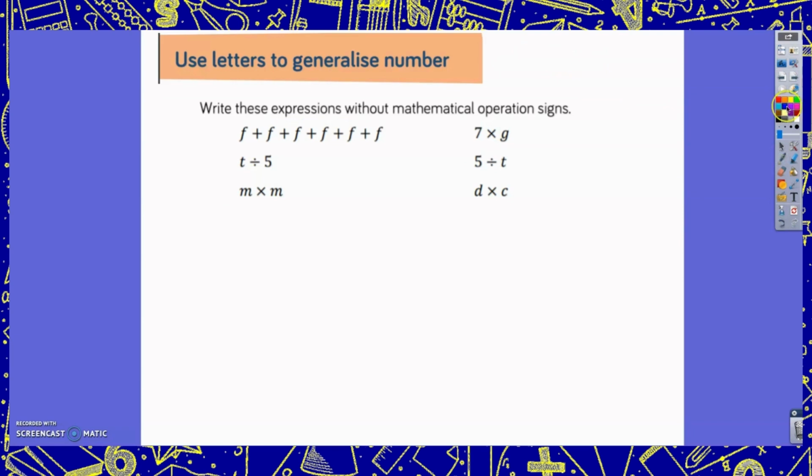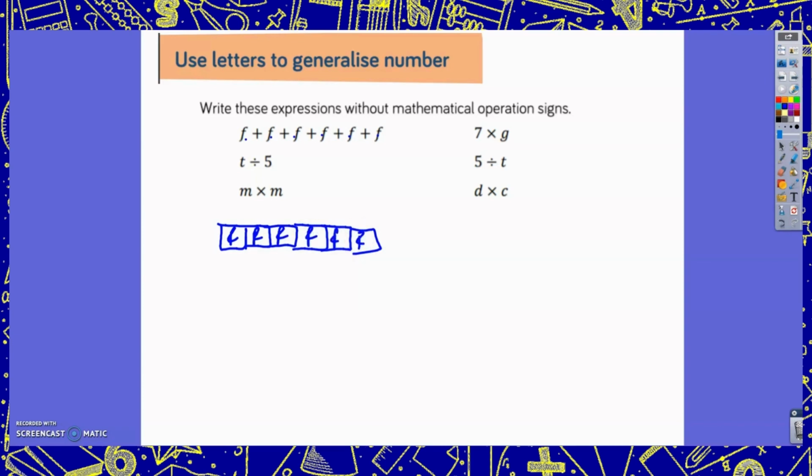So at the top here, we have 1, 2, 3, 4, 5, 6 F's. Each of these are F's. So I have 6 lots of F's.